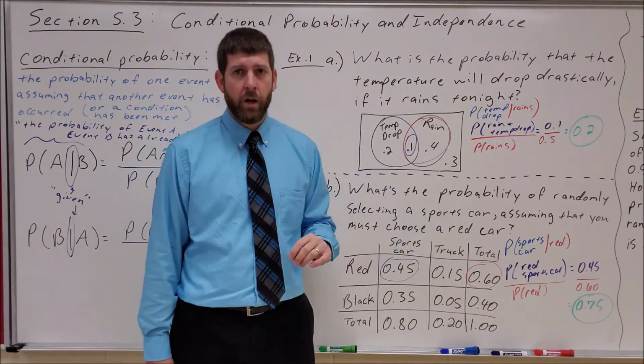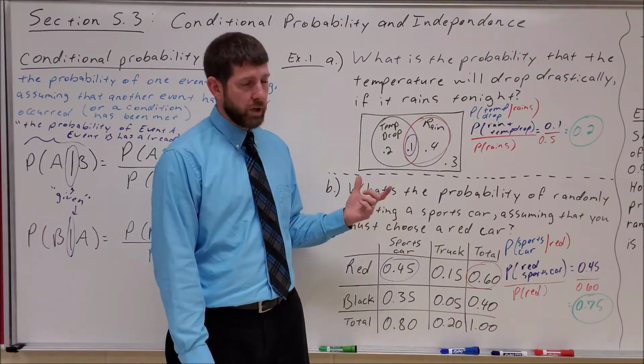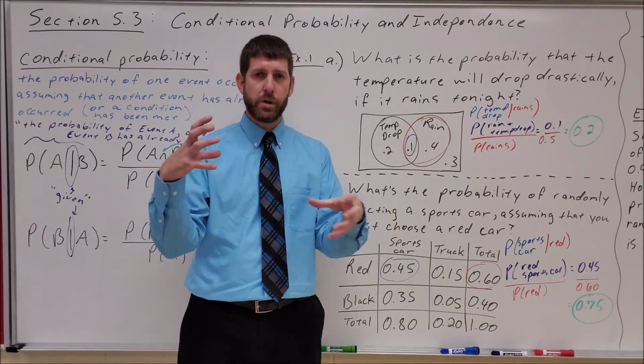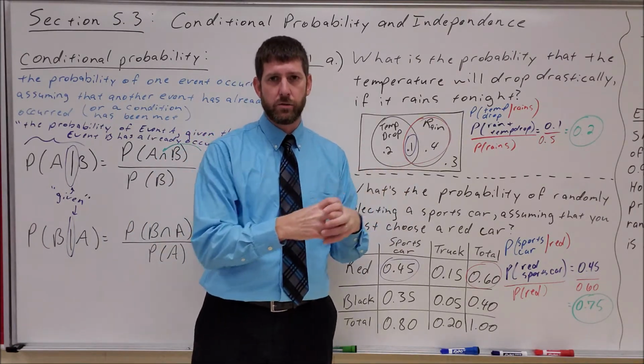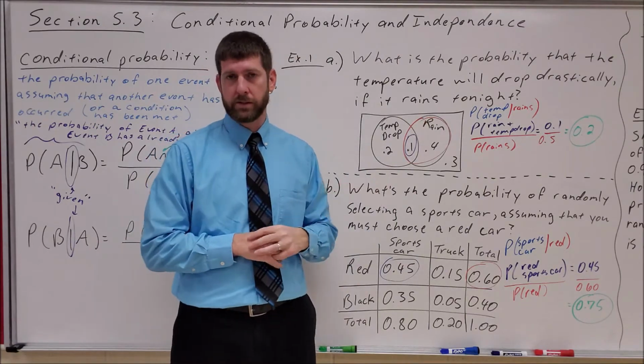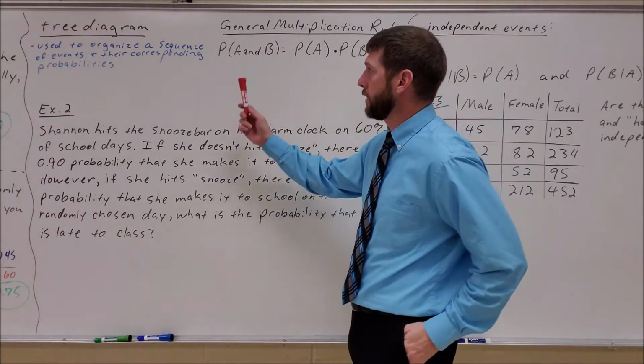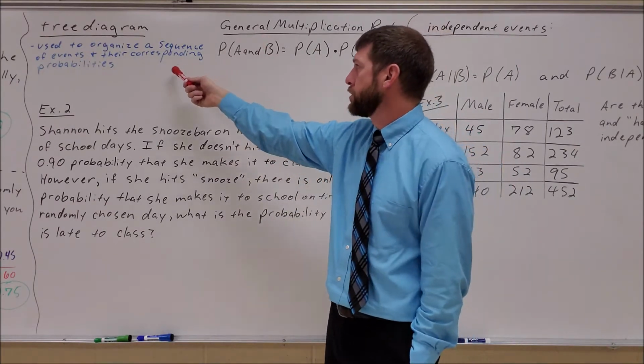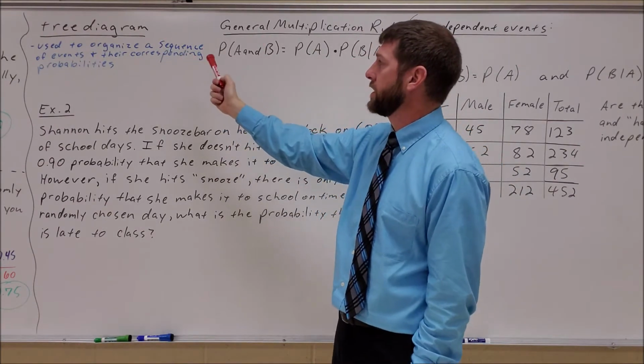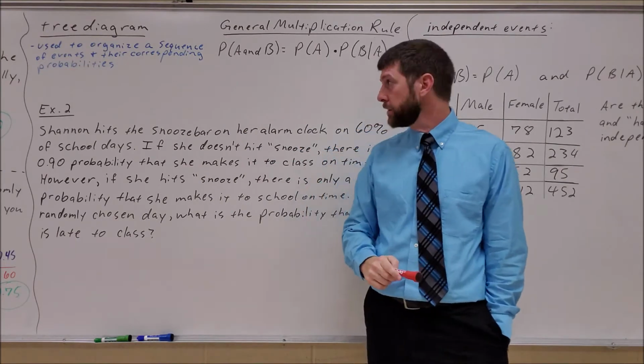All right, so let's move into talking about tree diagrams and how we can put together a lot of these conditional sequences of probabilities. So let's now talk tree diagrams. What is a tree diagram? A tree diagram is used to organize a sequence of events and their corresponding probabilities.